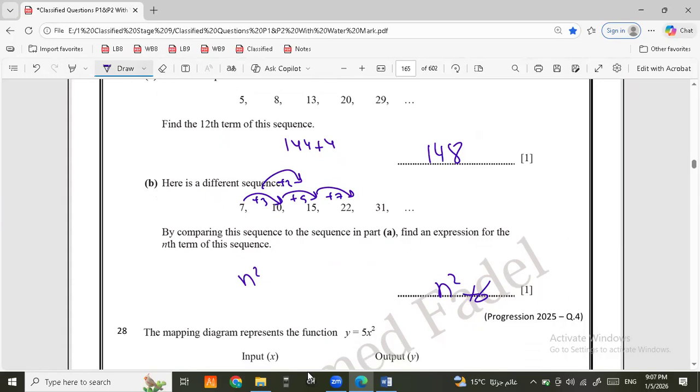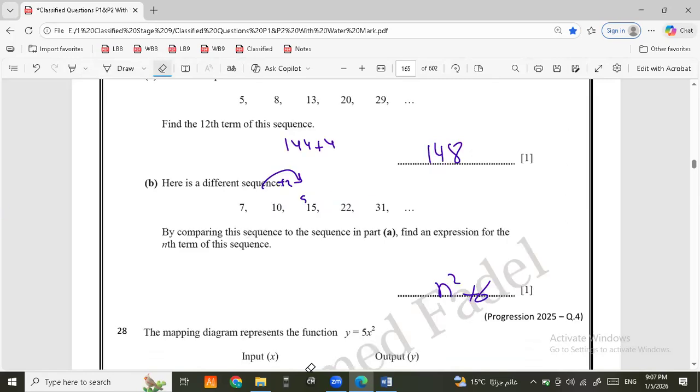But 1 squared is just 1. How many more do I need for it to become 7? Add 6. So it's n squared plus 6. But no need to do any of this. Why? Because they told me to look at the sequence above. I found that it's n squared plus 4. But the only difference is that every time I added 2 more to the previous sequence. So it's n squared plus 4 plus 2, which is n squared plus 6.